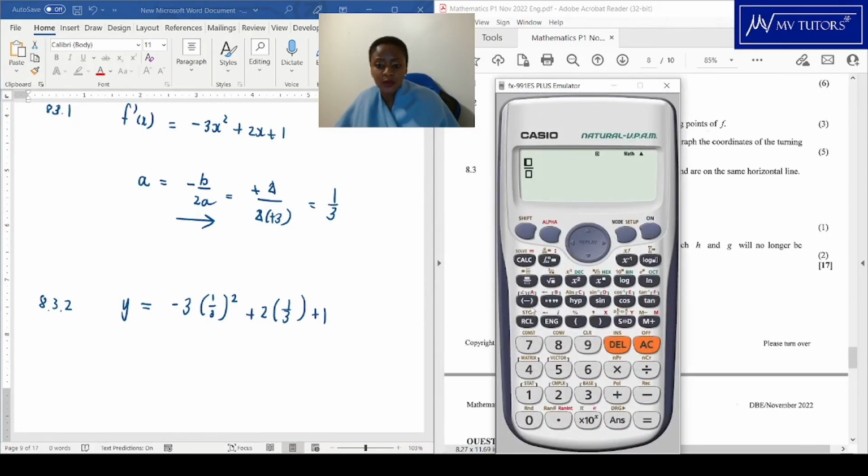So we get negative 3, a third, squared, plus 2 times a third, plus 1, and that's 4 over 3.